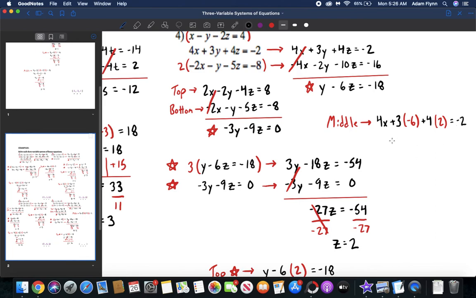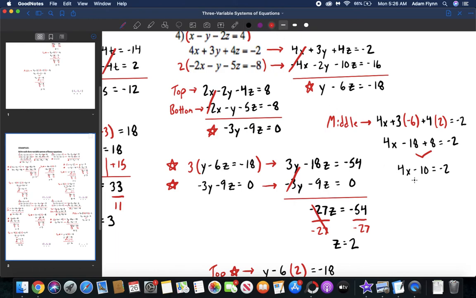So if I combine, I end up getting 4x minus 18 plus 8 equals negative 2. I can combine the negative 18 and the positive 8. When I do that, I get 4x minus 10 equals negative 2.